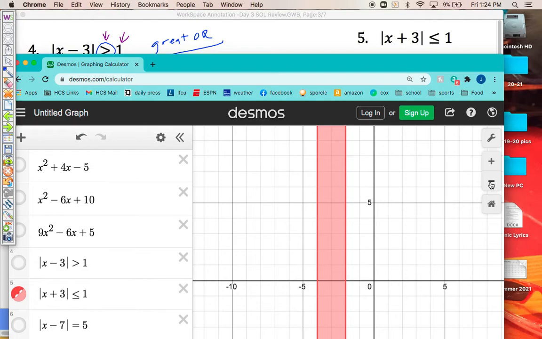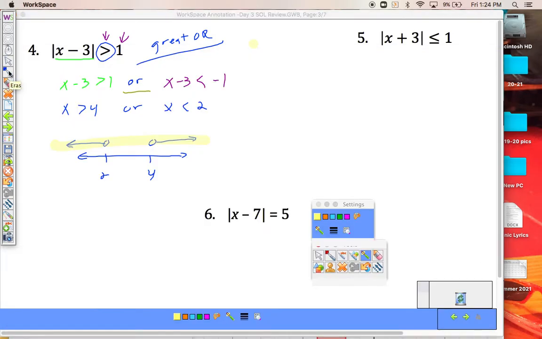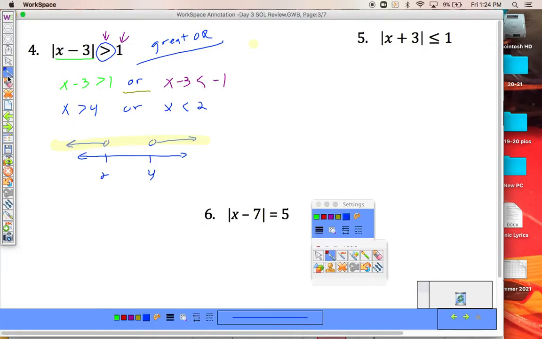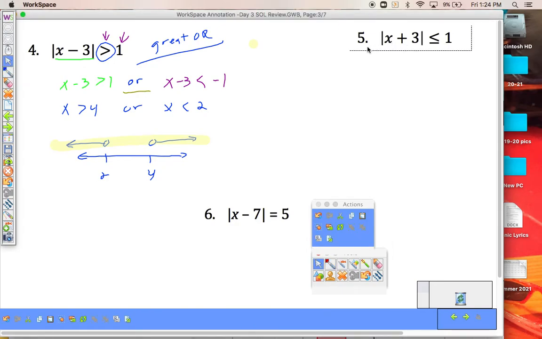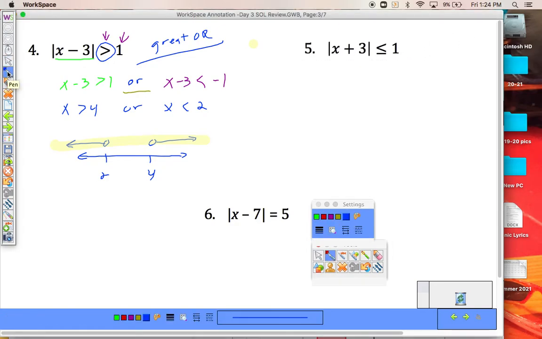solving it. So I'm going to write two inequalities. X plus 3 is less than or equal to 1. X plus 3 switches to greater than or equal to the opposite, -1.